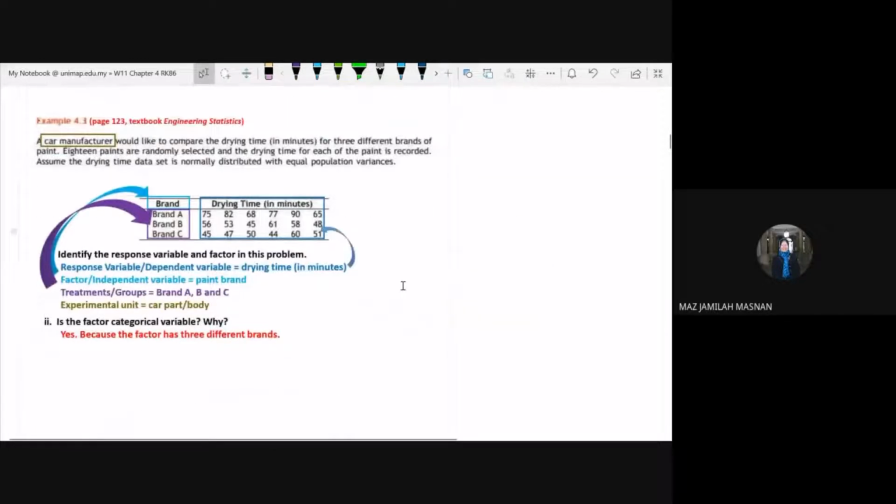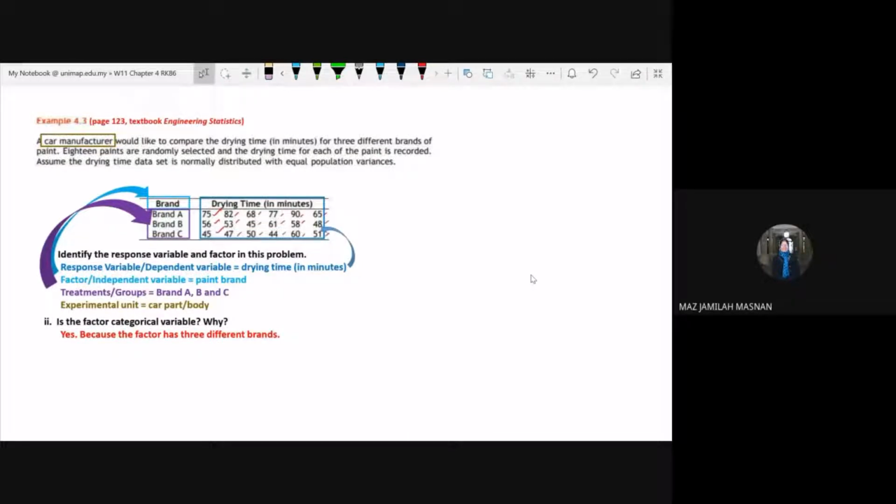Now we are talking about the first exam question, which is to identify the response variable and factor in this problem. But I add the whole four terms and concepts that you need to understand. Okay, so the response variable, or what we call the dependent variable, in this case would be the drying time, because all these values are representing the drying time for the three paints, and this is what we call the dependent variable.